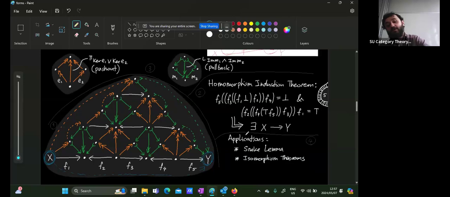You take each map, you factorize it according to the factorizations we have. The orange maps are, you take pullbacks of injections, for example, two injections.